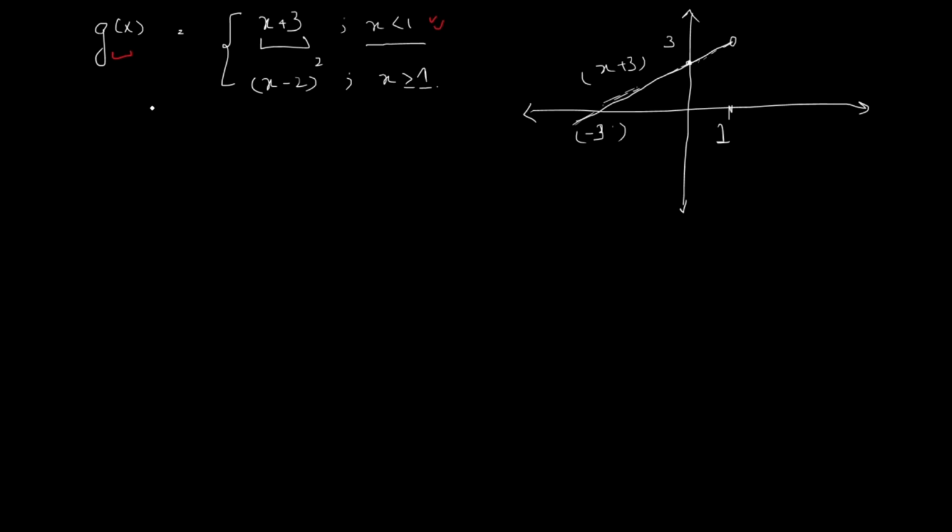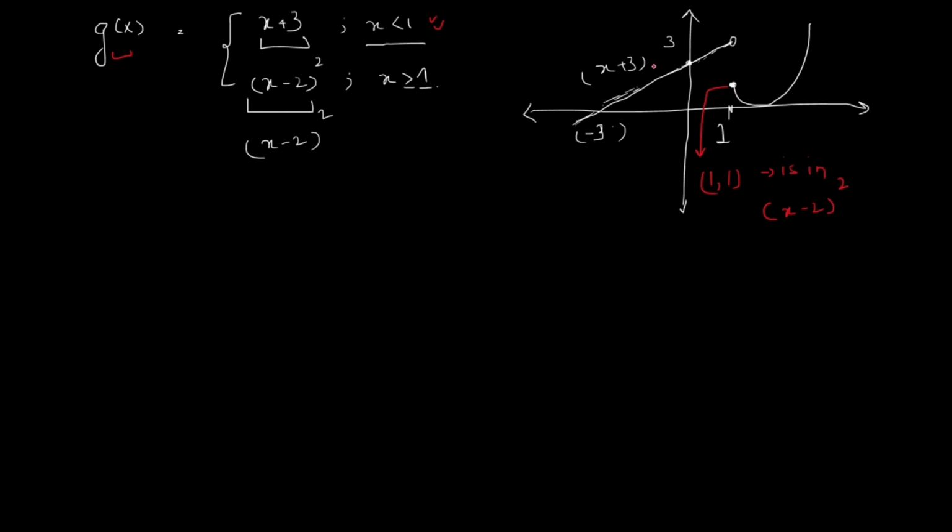And the graph on the right side of 1 will follow the equation x minus 2 whole squared. We'll start from here and do it like this. As you remember from the last videos, this point, 1, 1, is in the x minus 2 whole squared equation.